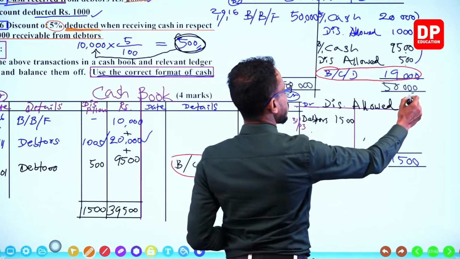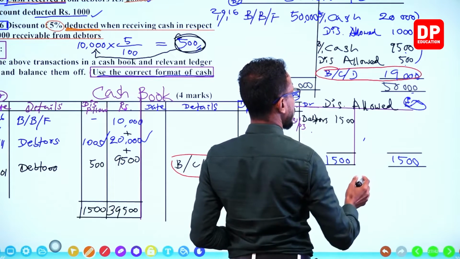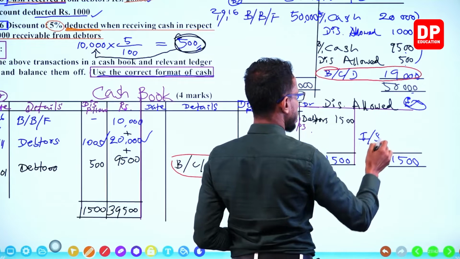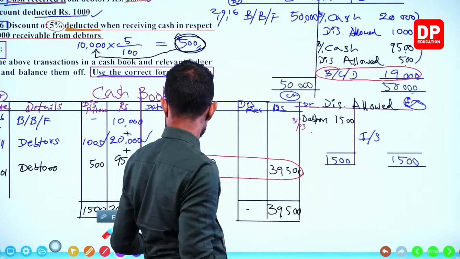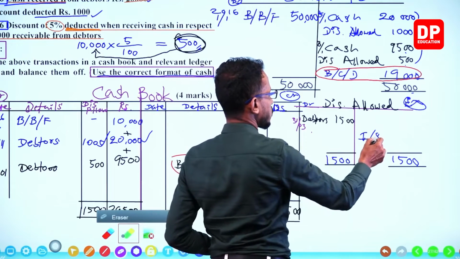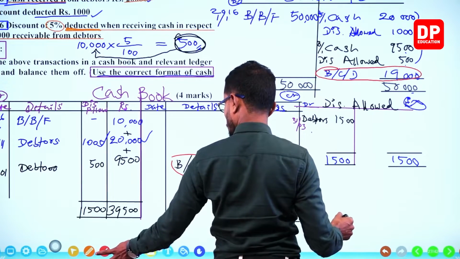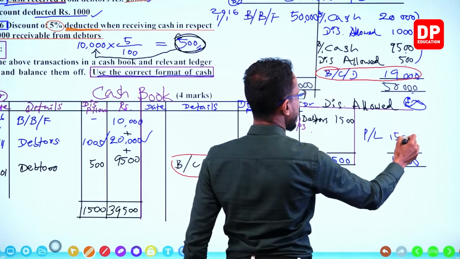This is an expense account. Should mention as income statement or profit or loss statement, without mentioning balance carried down, without mentioning BCD. P&L 1,500.